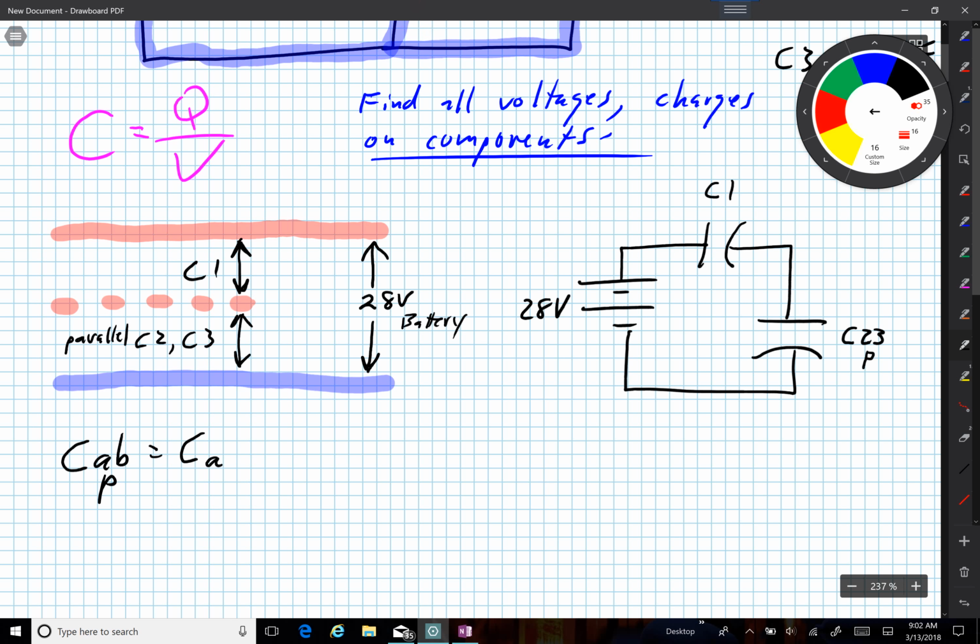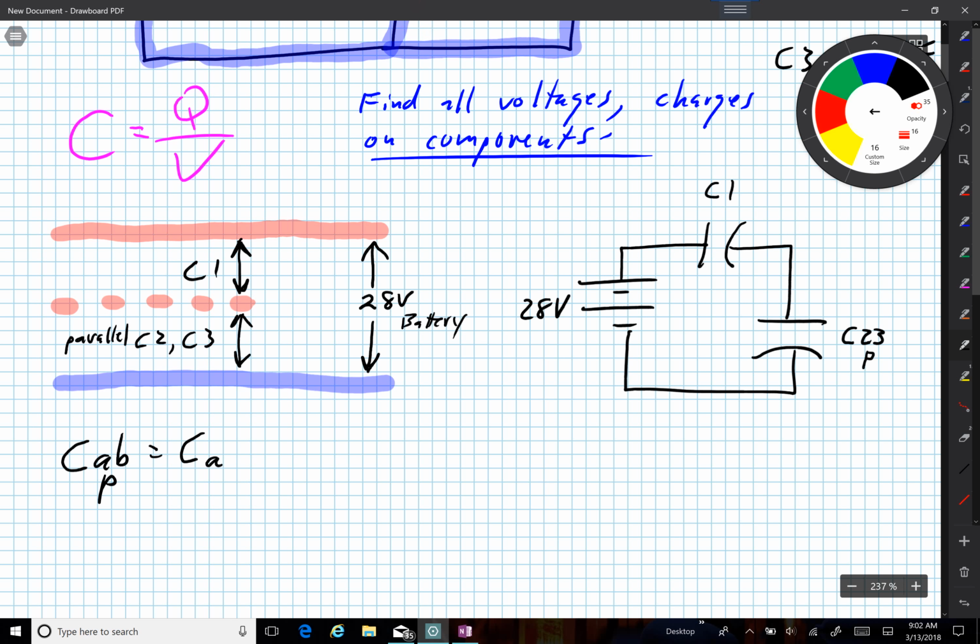So again, this circuit I can't analyze, but I didn't waste my time because I look at this circuit now and I ask the question, is there anything in parallel? And I look and I see if there are any two components that have the same color combination across them. Well, I only have two capacitors. C1 has solid red, dashed red across, and C23P has dashed red, solid blue across.